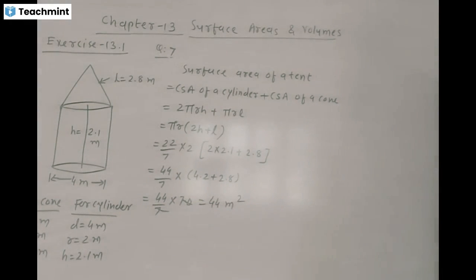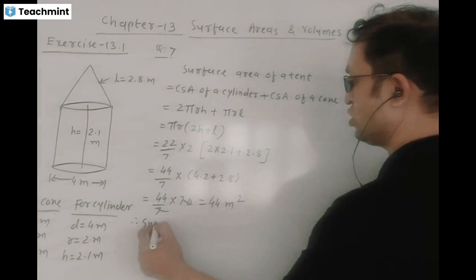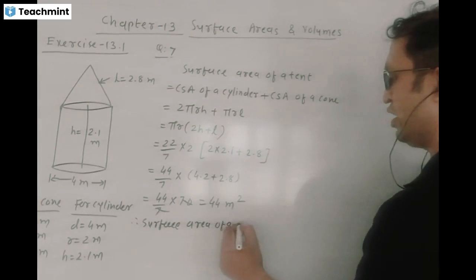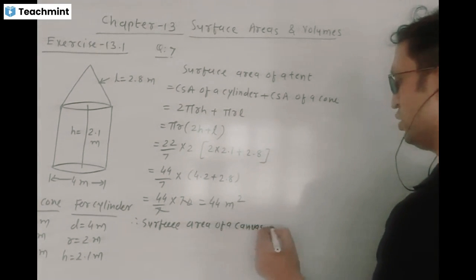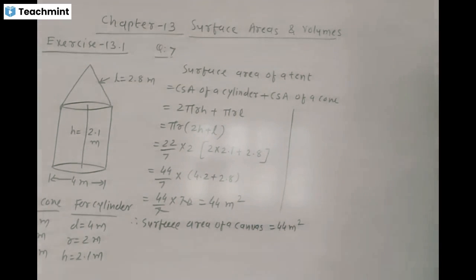The area that we used, the surface area of a tent, is equal to the surface area of the canvas. Therefore, the surface area of the canvas used is equal to 44 meter square. 1 meter square cost of canvas is equal to 500 rupees.